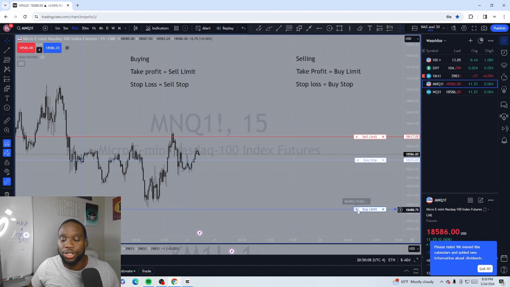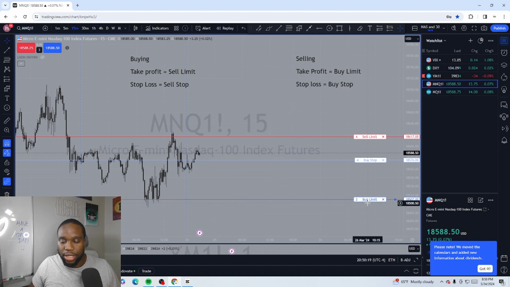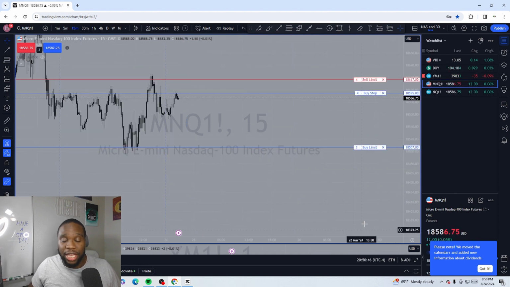Let's say you want to partial out. Let's say you're at the target, you don't want to take everything off and you want to keep maybe one contract on. Boom. You keep one contract on here. So once it gets here, it's going to take 3 out and still keep one buy limit contract there. Let's say you want to have another partial out completely down here.